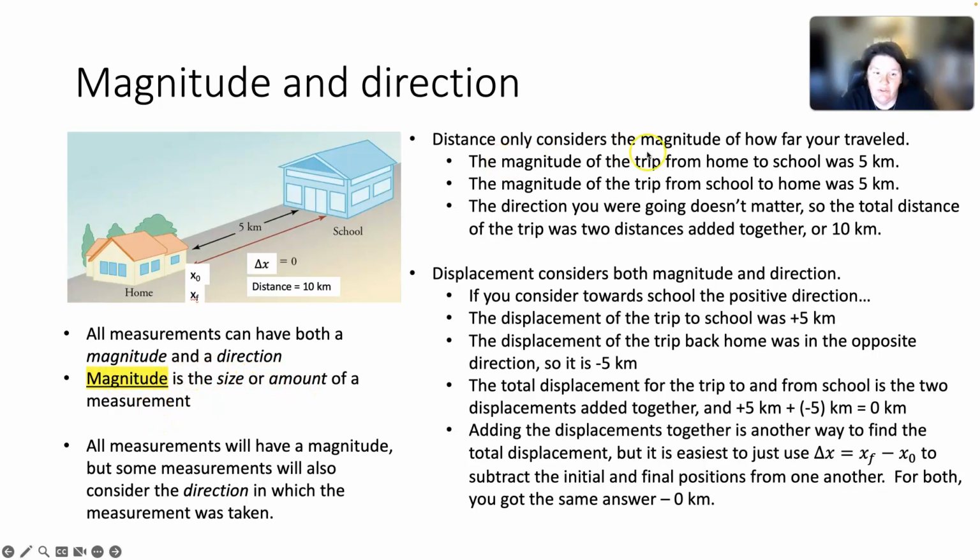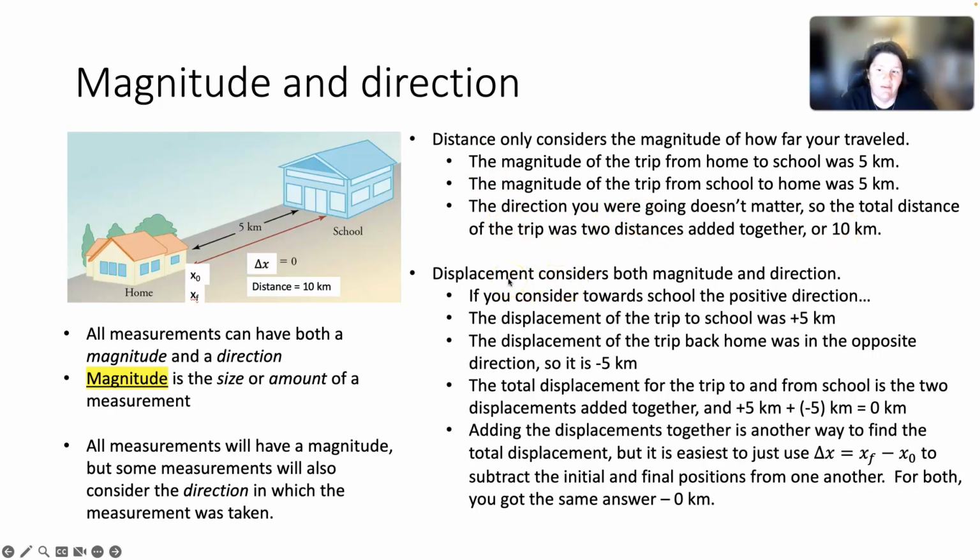So the magnitude of the trip from home to school was 5 kilometers, and the magnitude of the trip from school to home was 5 kilometers. The direction doesn't matter for distance. It only considers the magnitude, the amount of the length that you traveled. And so 5 plus 5 is 10 kilometers.